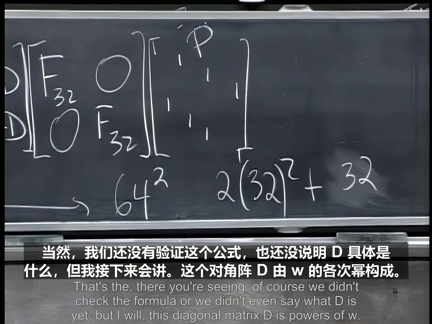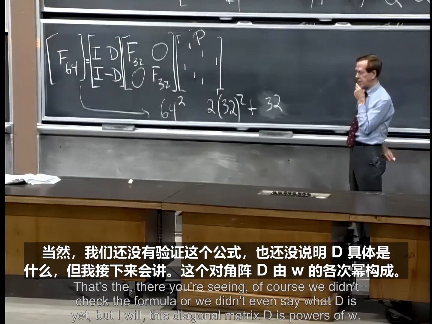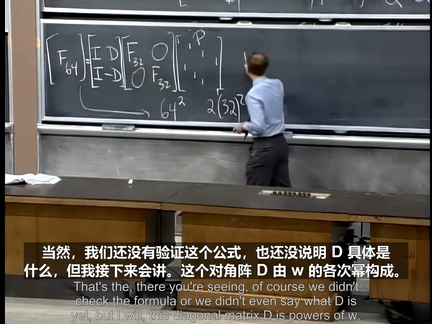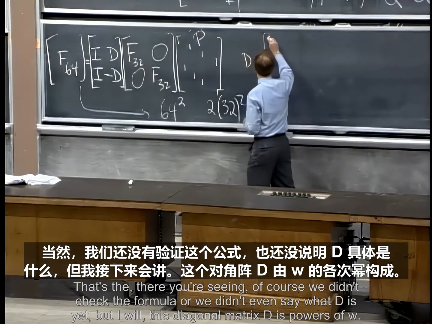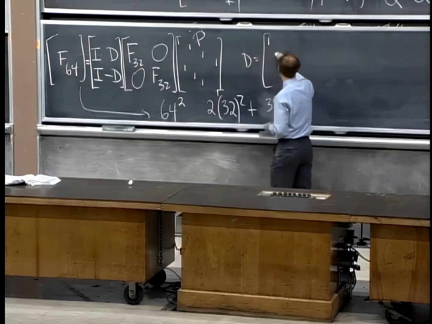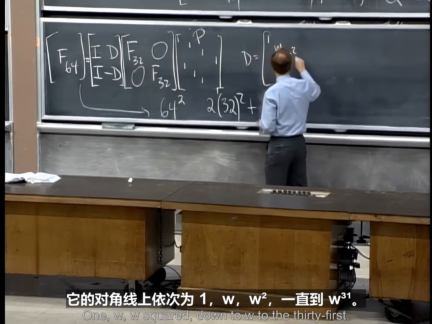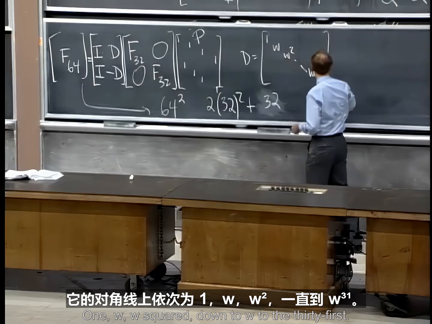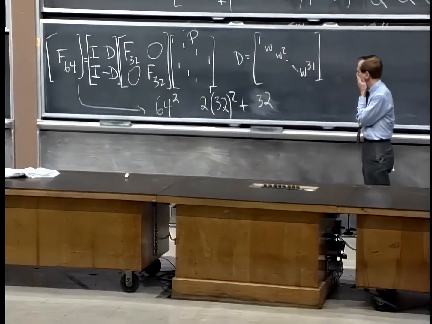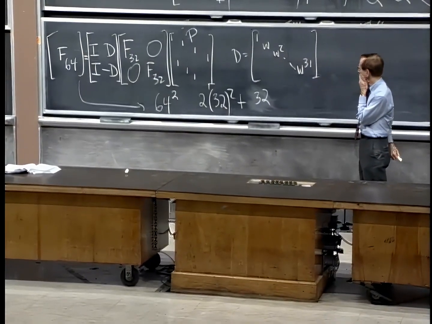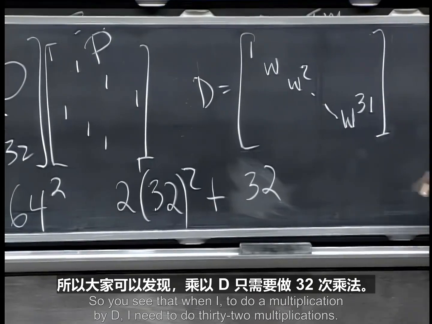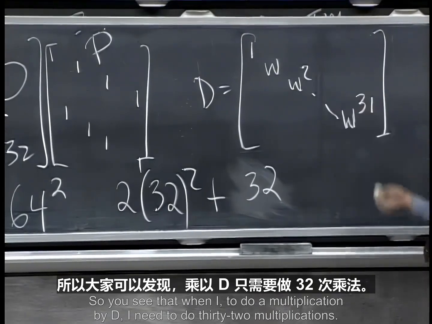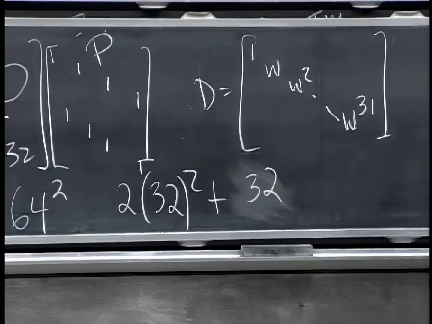Of course, we didn't check the formula, or we didn't even say what D is yet, but I will. This diagonal matrix D is powers of W: 1, W, W squared, down to W to the 31st. So you see that to do a multiplication by D, I need to do 32 multiplications.